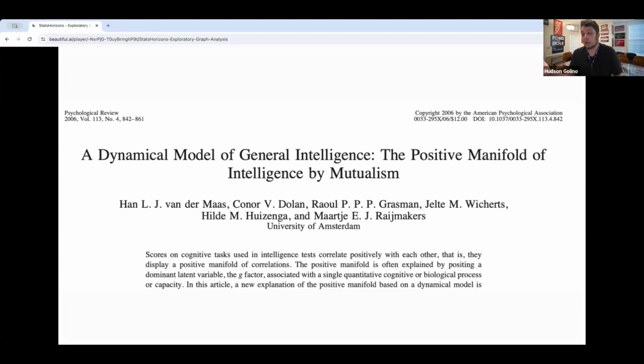In this paper, van der Maas and his colleagues proposed the idea of the mutualism model of intelligence as a distinct approach for understanding intelligence, making a distinction between latent variable models, in which you have something unobservable, the latent trait, that causes the observed variability in the items. And in this paper, they defend an idea that comes from ecology.